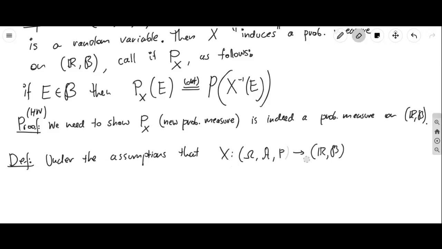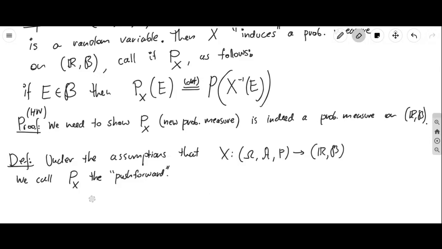So under the assumption that we have this random variable, we call P subscript x the push forward of all of this data.